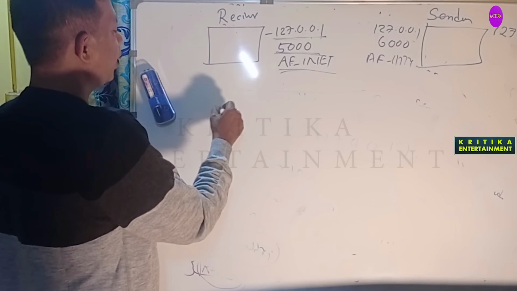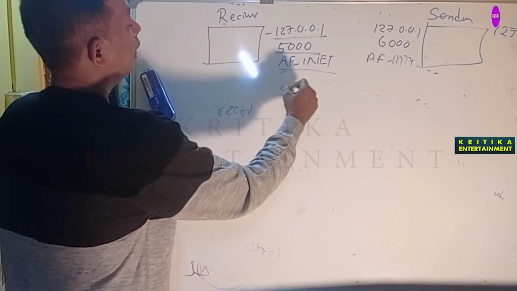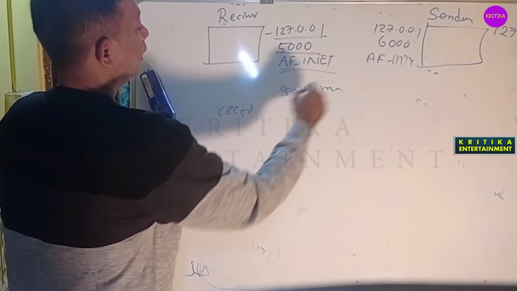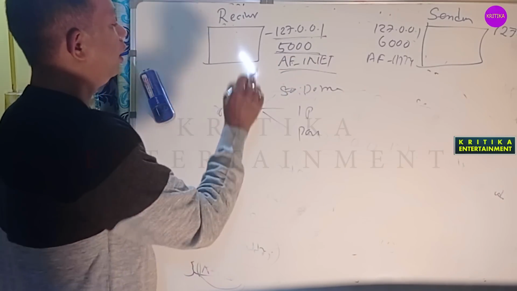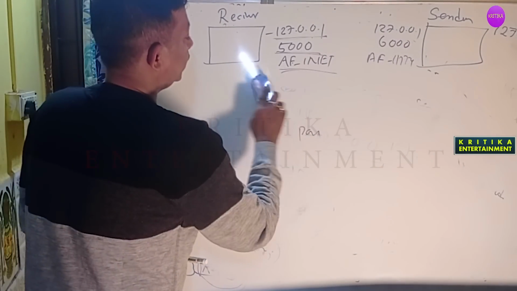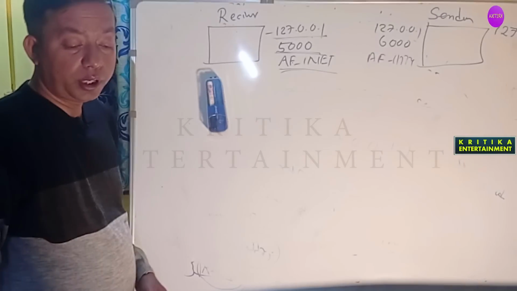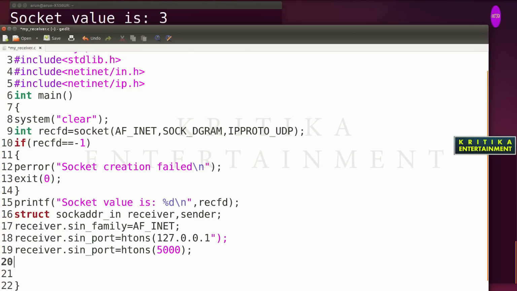If you want to add the IP and port to the socket, use the bind function. That port and IP address is stored in the receiver. So here I will write int B, B stands for bind, short form.